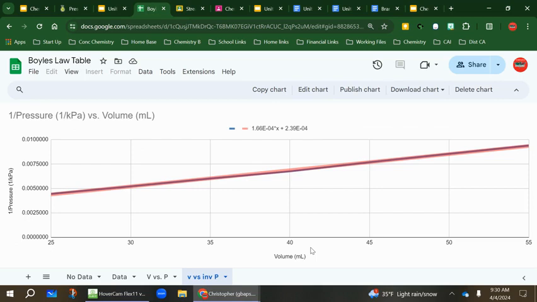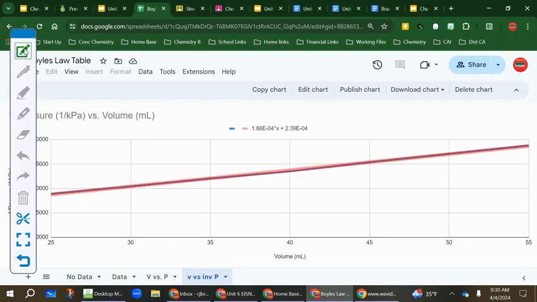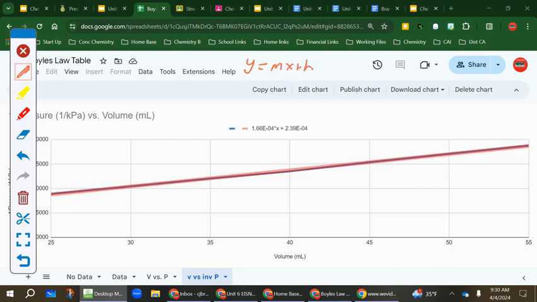in math can be found by what formula? Thank you. Y equals mx plus b. Y equals mx plus b. And the nice part is even in Google, ladies and gentlemen, it will give you the formula for y equals mx plus b.